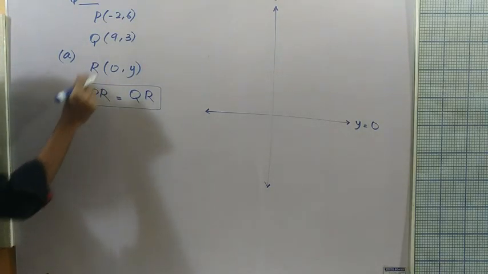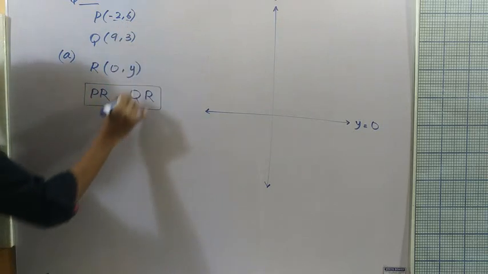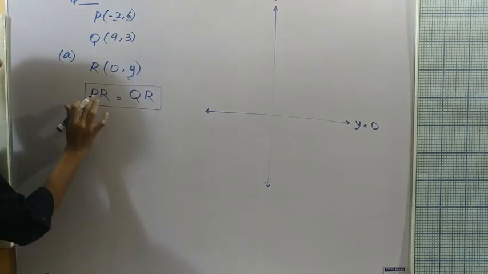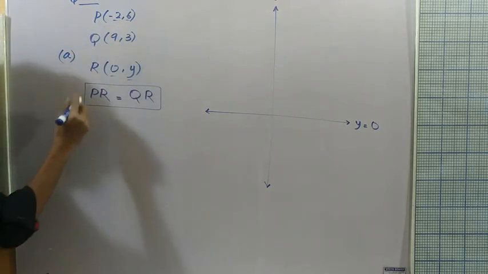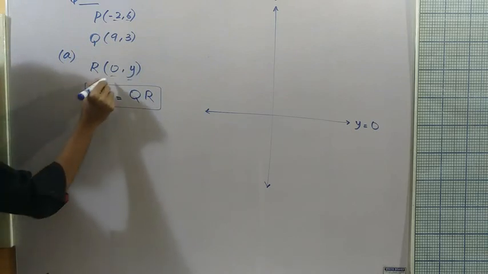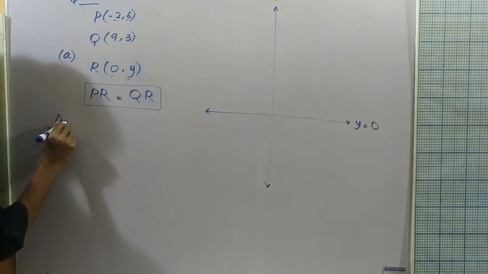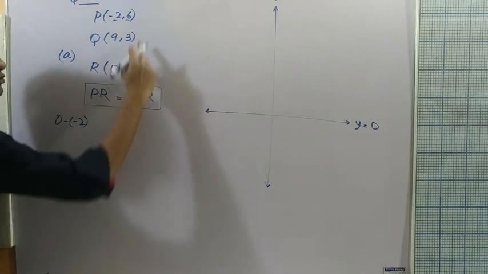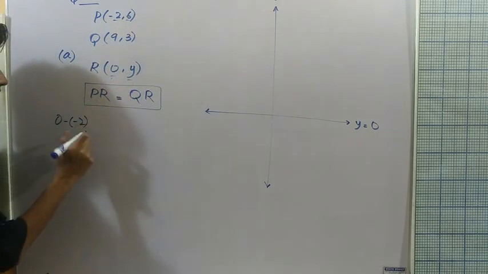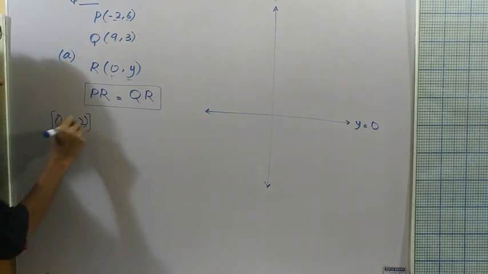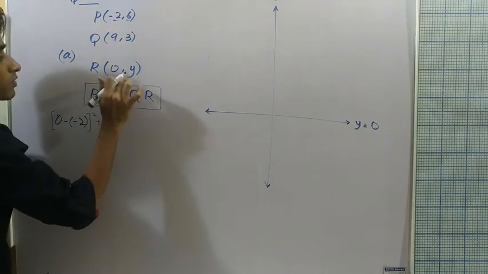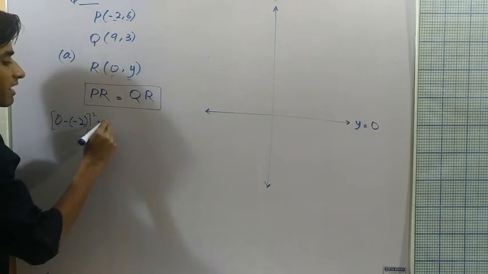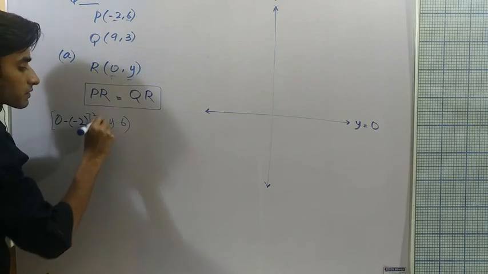Have a look. PR, let's say this is x1, y1. This is x2, y2 in case of PR. So, if I just substitute in the value, x2 minus x1 becomes 0 minus negative 2. It doesn't matter if you take this as x2 comma y2 and this as x1 comma y1. Doesn't really matter. x2 minus x1 squared plus y2 minus y1 squared, y minus 6 squared.